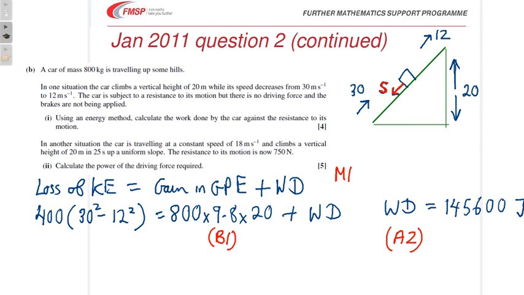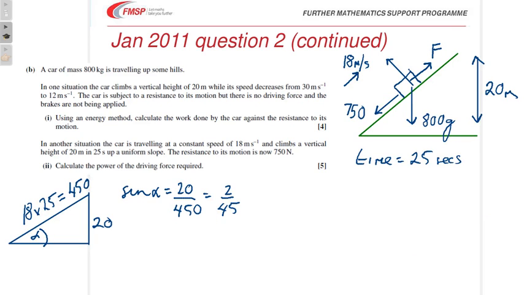And for this part, we're doing this bit now, where it says, in another situation, the car's going at constant speed up a slope, climbs a vertical height of 20 meters in 25 seconds. Right, so they've told us the time, and we know the resistance to motion. So I've drawn a diagram up here.